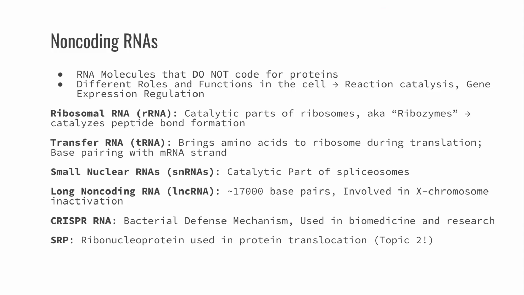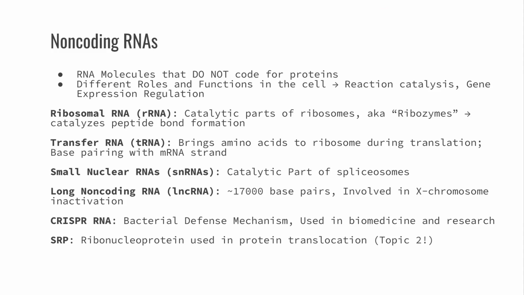For example, we have rRNA, or ribosomal RNA, which you're probably familiar with, the catalytic parts of ribosomes, aka ribozymes, and these catalyze the peptide bond formation when you are translating mRNA into a protein, connecting individual amino acids together. We have tRNA, which is transfer RNA, which brings amino acids to the ribosome during translation. And they bring the amino acids into base pair with the mRNA strand, and then the ribosome will connect those together.